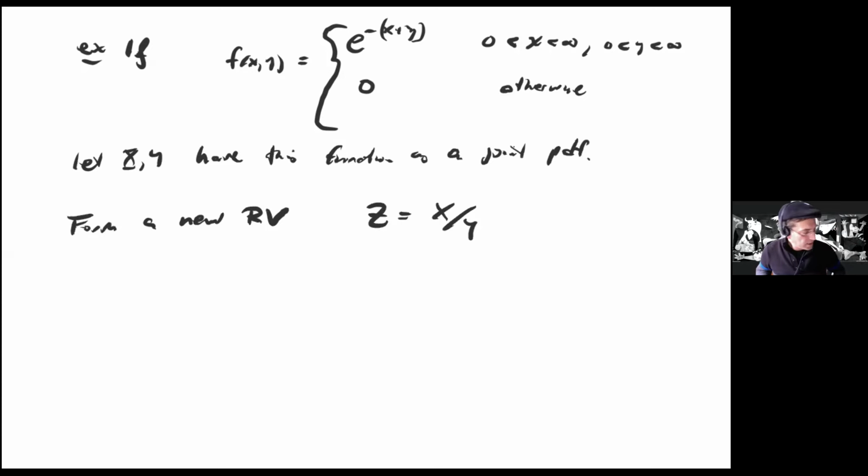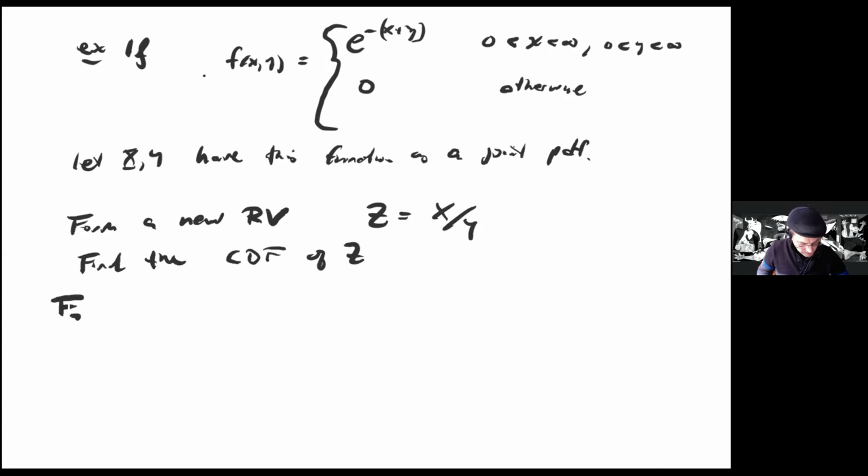And then I want to compute, let's find the CDF, cumulative distribution function, of Z. That's not so hard to do, but it takes a little bit of work. So what is it?